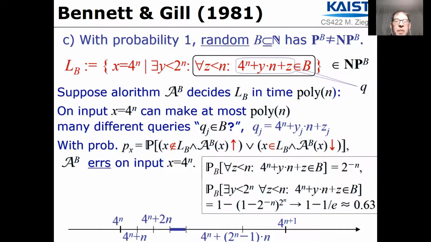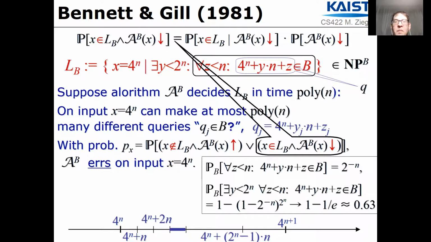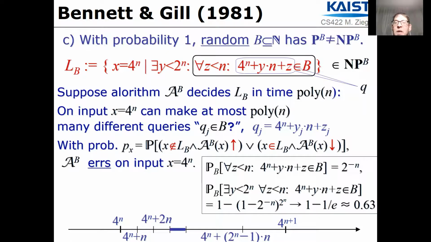So this is the probability that the algorithm errs on input x with respect to the random oracle. And in order to estimate this probability, let's look at the two cases of error separately and show that each one, or at least one of them, has probability greater than 0.1.